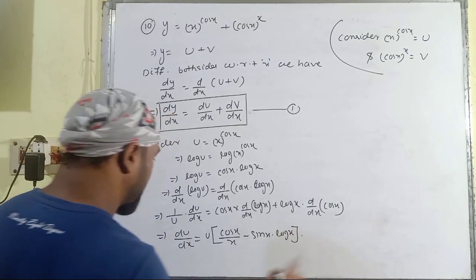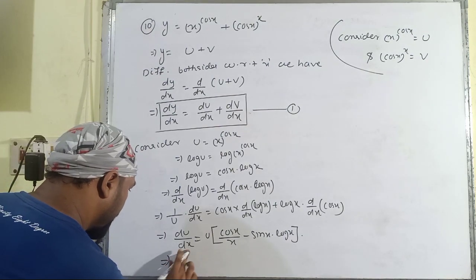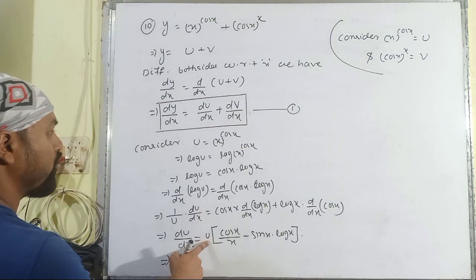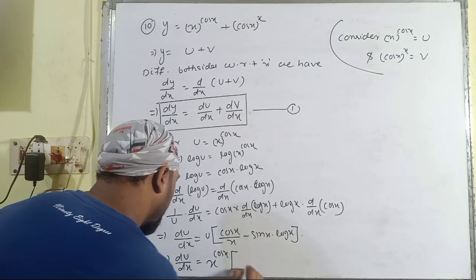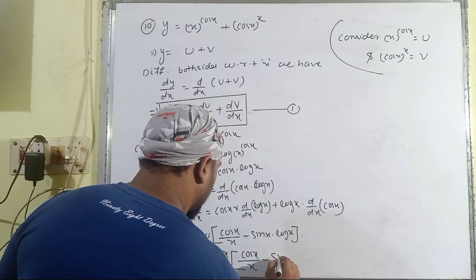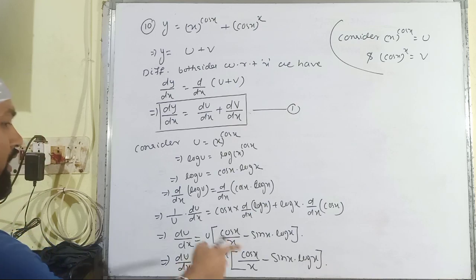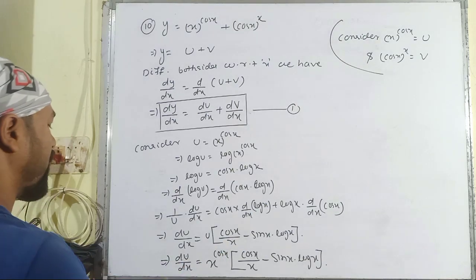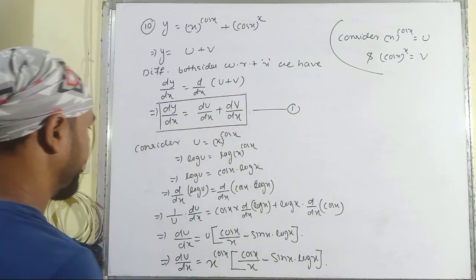Just I have skipped one step here, and then du upon dx is equal to, the value of u is here x to the power cos x, multiplied with cos x divided by x minus sin x log x, and here it is the value of du upon dx. Then we have to find out dv upon dx.